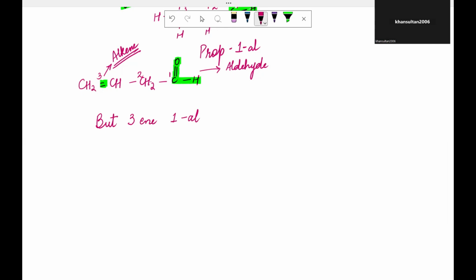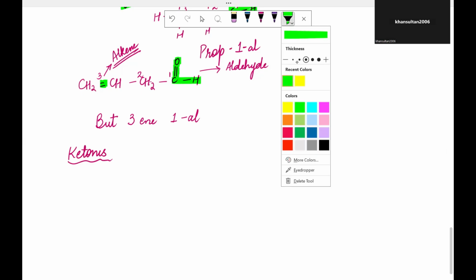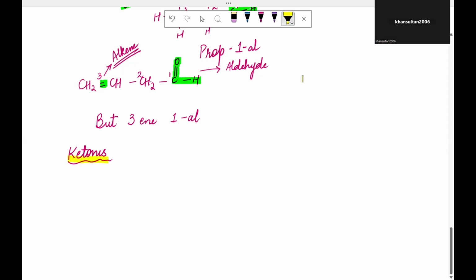Now, let's move further towards ketones. Let's discuss ketones. Ketones have a double bond, and they have carbon on both sides along with some hydrogens.